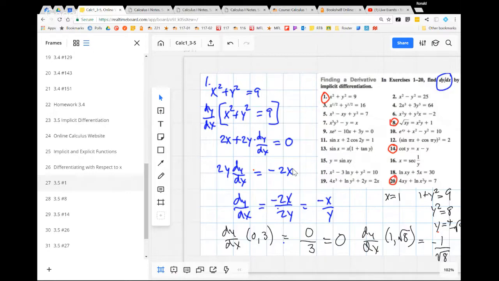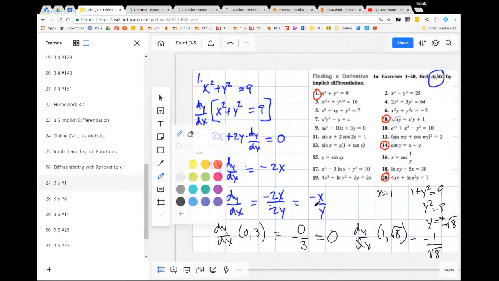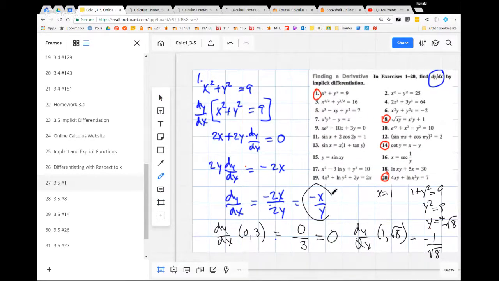Then it's just a matter of getting rid of the non-dy/dx term, 2x, so I subtracted that in this step from both sides, and then get dy/dx alone by dividing both sides by 2y. And simplifying, here's your final derivative right here, negative x over y.